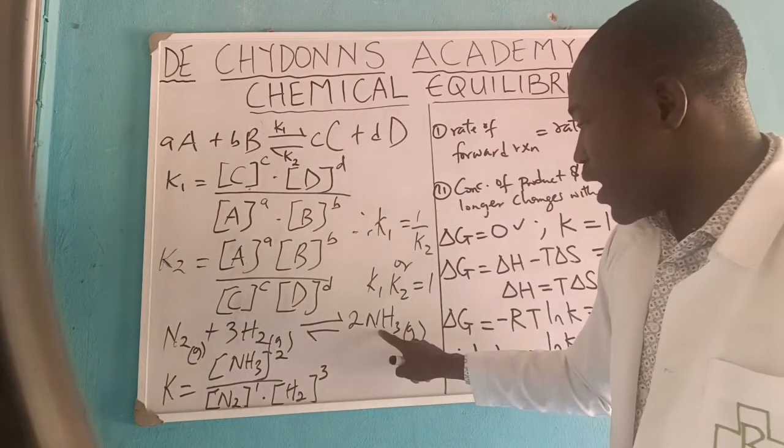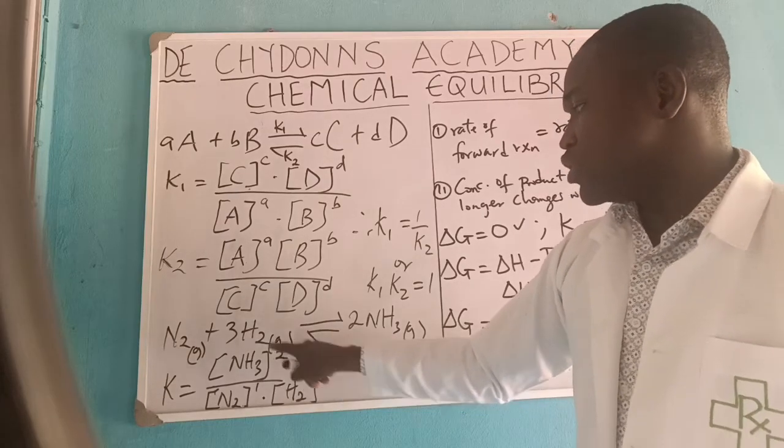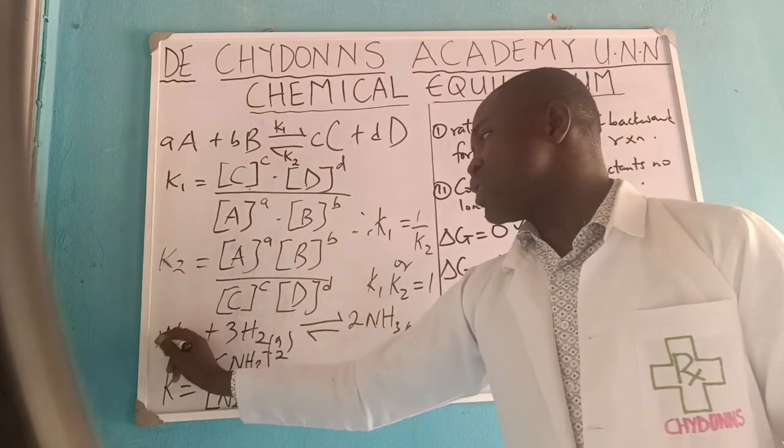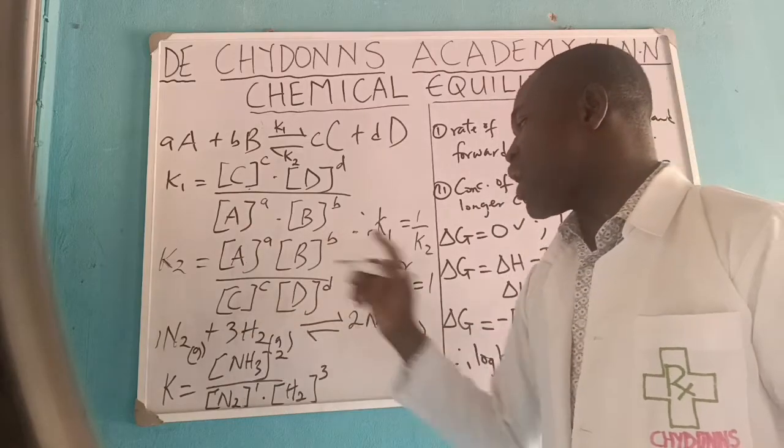So this one is raised to the power of 2, this one raised to the power of 1 because the mole is 1, this one raised to the power of 3.